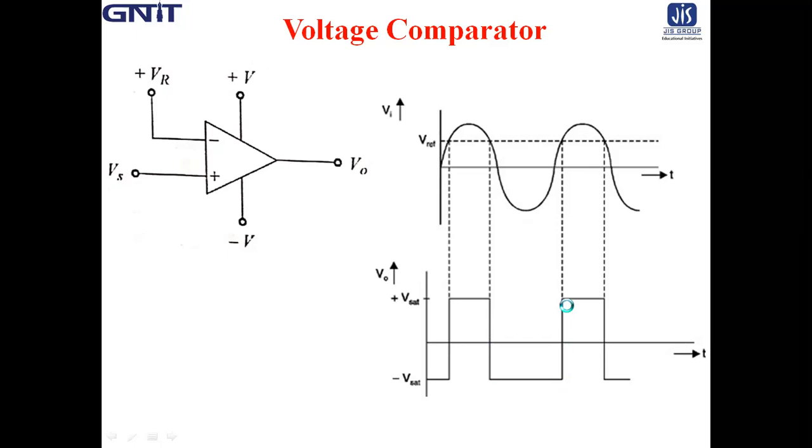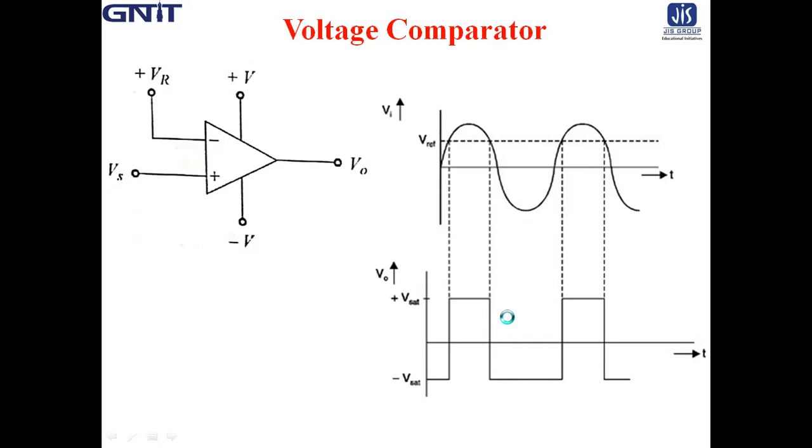So the comparator acts as a zero crossing detector when the inverting or the non-inverting input terminal is grounded. The output voltage V0 switches to the maximum positive voltage Vsat if the inverting input is grounded and the voltage Vs applied to the non-inverting input is slightly positive.